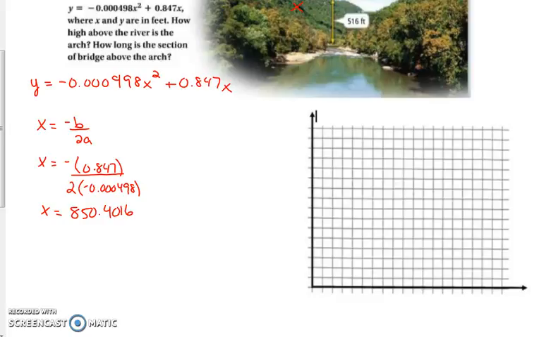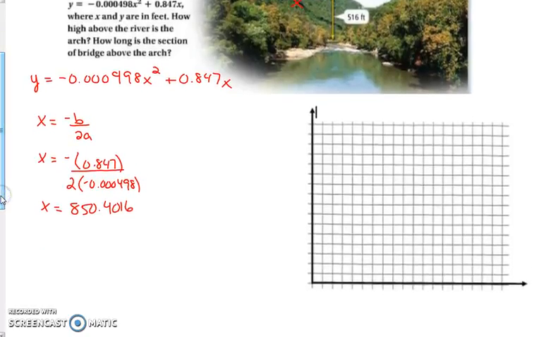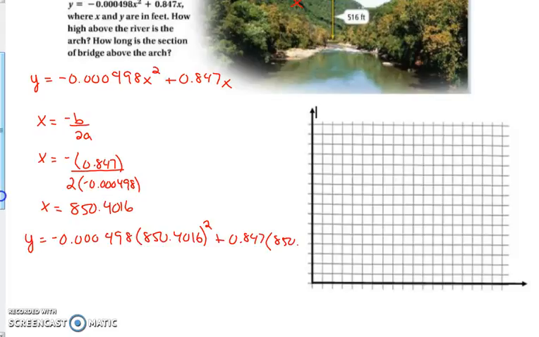Okay, now remember, I didn't want the x value because that was telling me how far over I had to go. What I wanted was the y value, which tells me the height of the arch. So I'm going to take that x value and substitute it back into the function to get the y. Okay, and once again, I'll give you a minute.